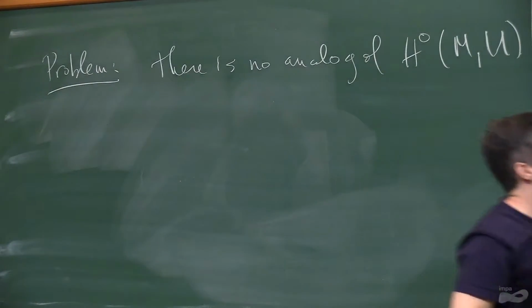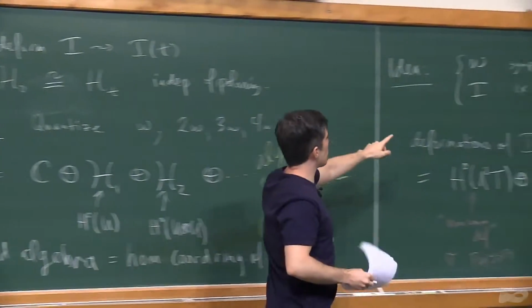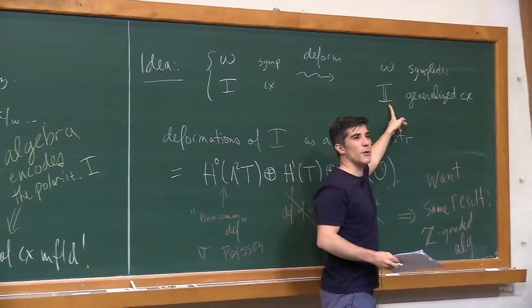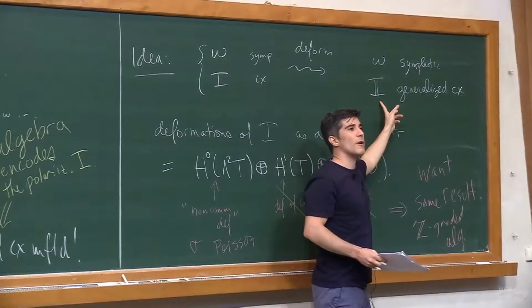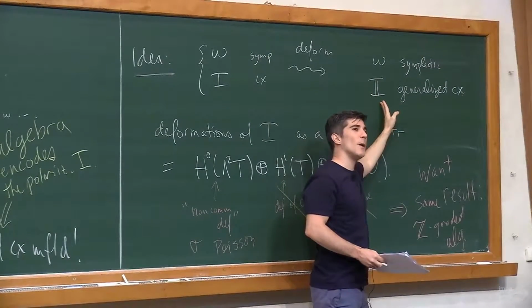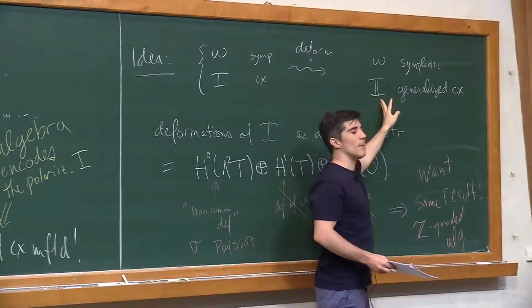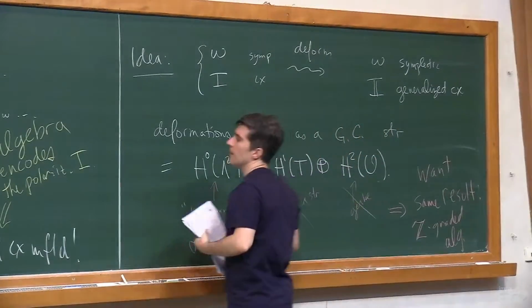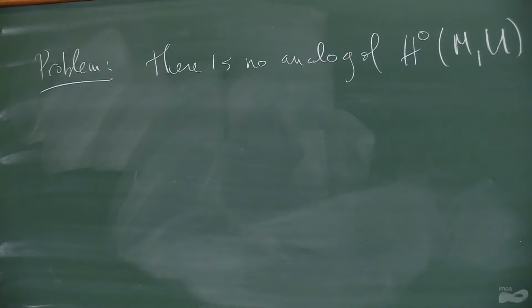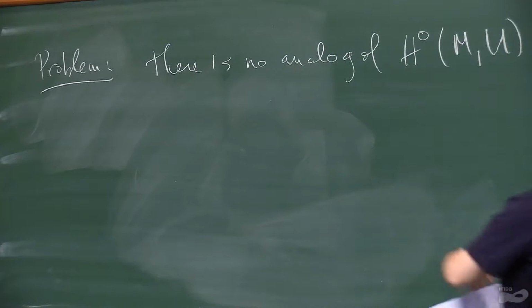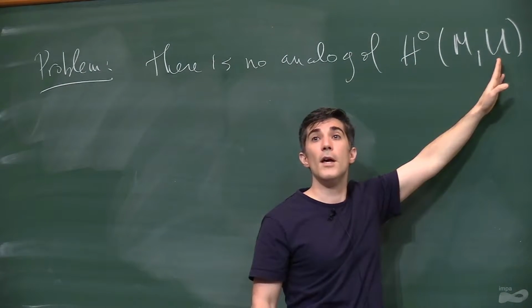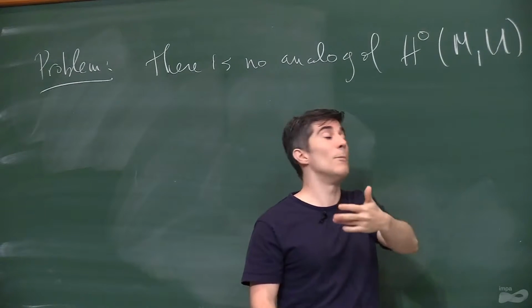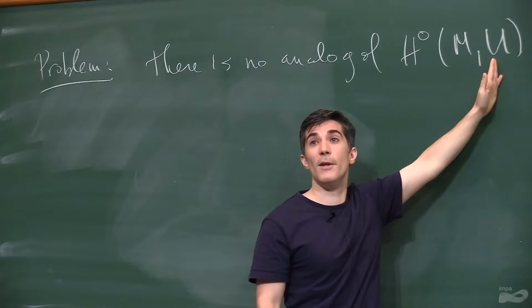So if I deform the complex structure to a generalized complex structure, you may have thought that maybe the generalized complex structure has a Dirac structure corresponding to it, and this idea of taking the flat sections in the 0,1 direction and taking the holomorphic sections of U. You would think that there was a direct analog of this, so that we could just take generalized holomorphic sections of this line bundle.